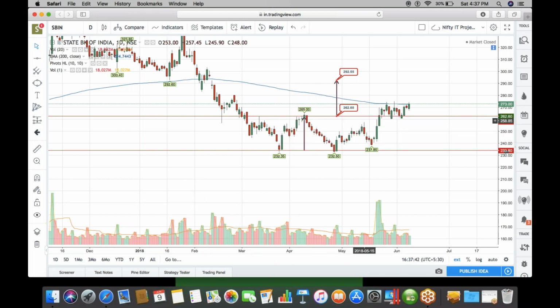See this. This is a channel actually. First of all, whenever we are making an ascending triangle, what we must know is that there is a horizontal line which is on the upside, and there is an upsloping bottom trend line. The bottom trend line must be upsloping.